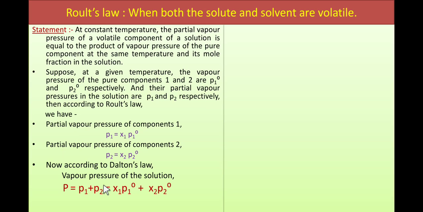Here we are considering the binary solution, that is 2 components. If there are 3 components, then it will be P1 plus P2 plus P3.